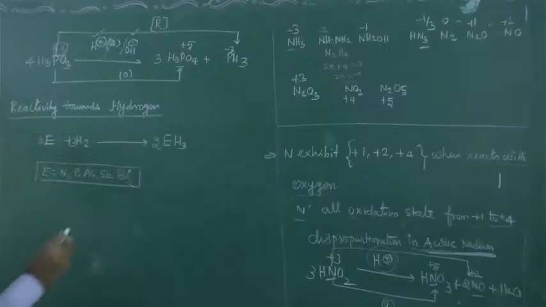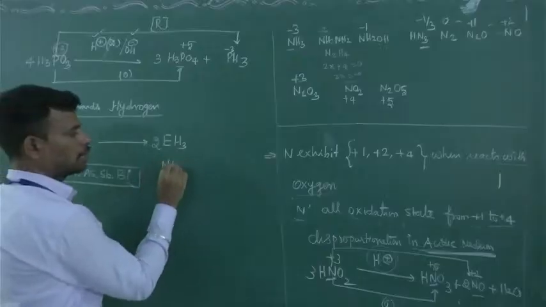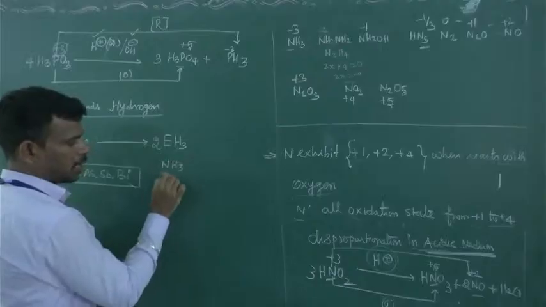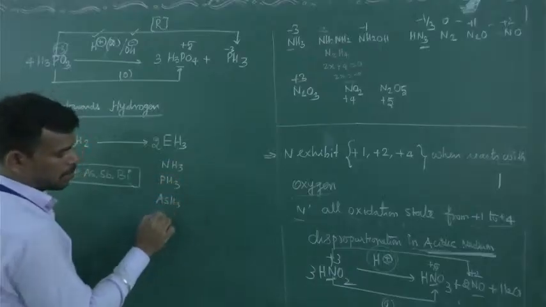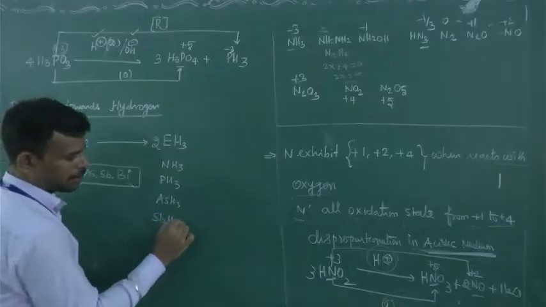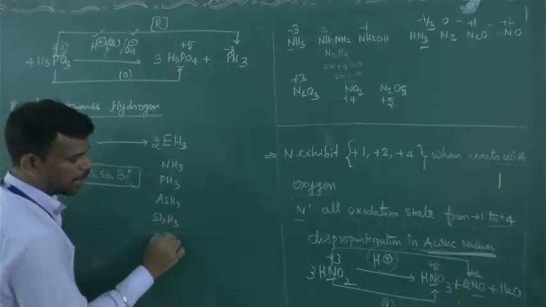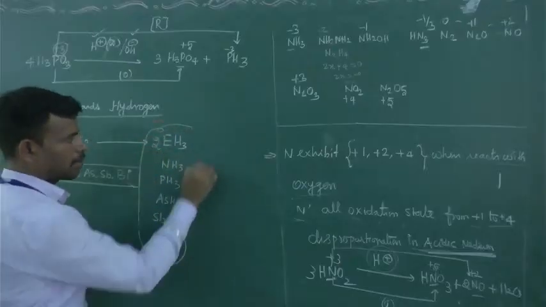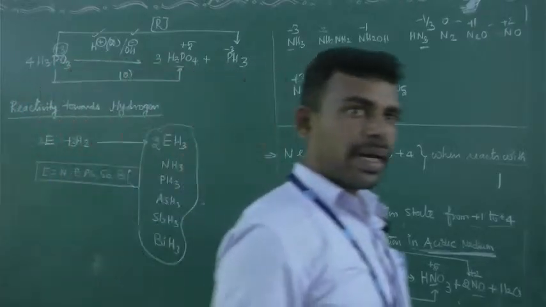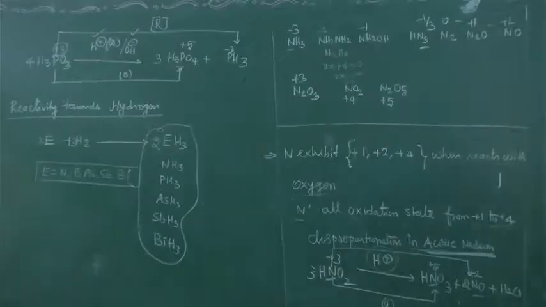The hydrides are NH3, PH3, arsenic hydride, antimony hydride, and bismuth hydride. Always it leads to only one type of hydride, that is called EH3. Is it clear?